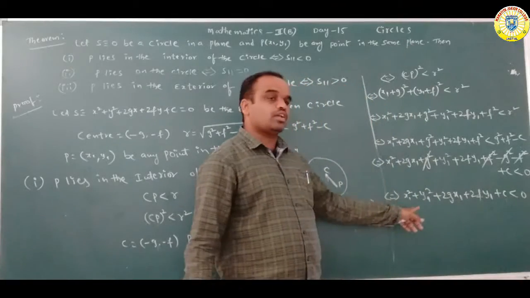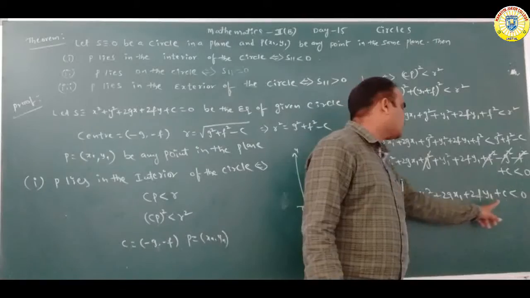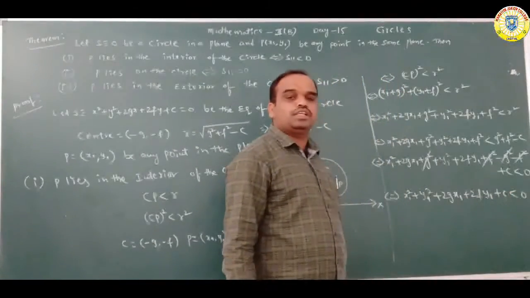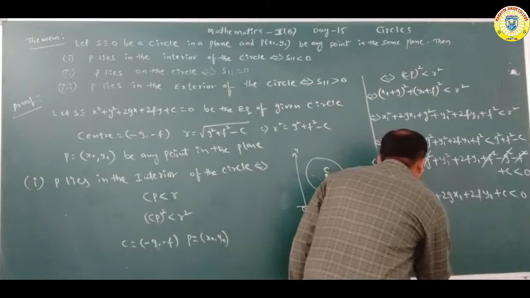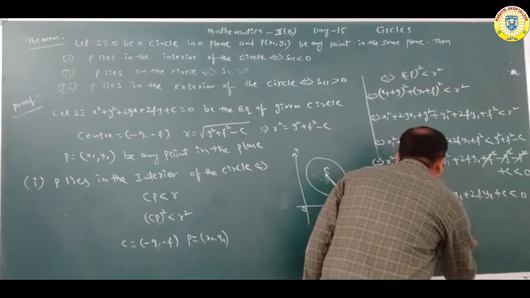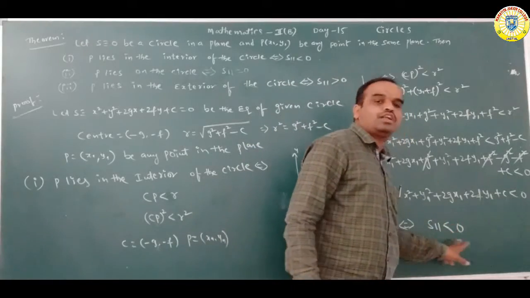And remember, we have the notation: x1 square plus y1 square plus 2gx1 plus 2fy1 plus c is nothing but S11. So that implies S11 less than 0. This is the notation of S11 less than 0.